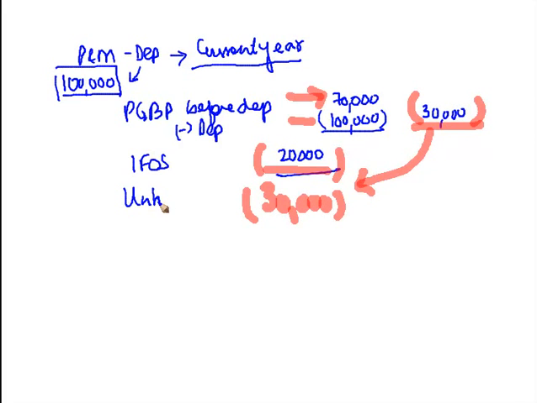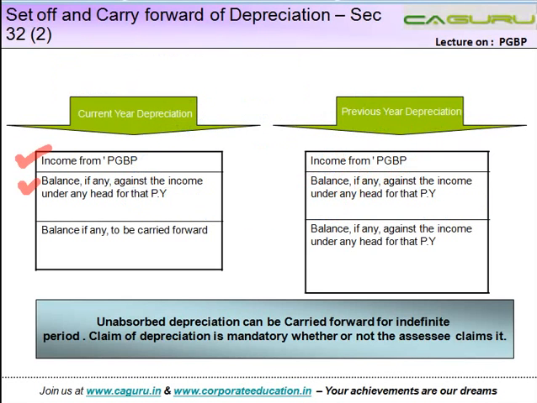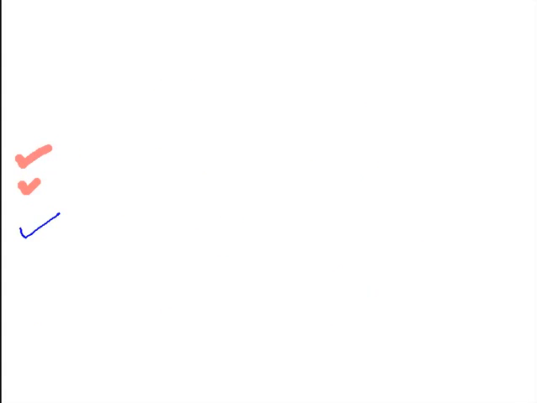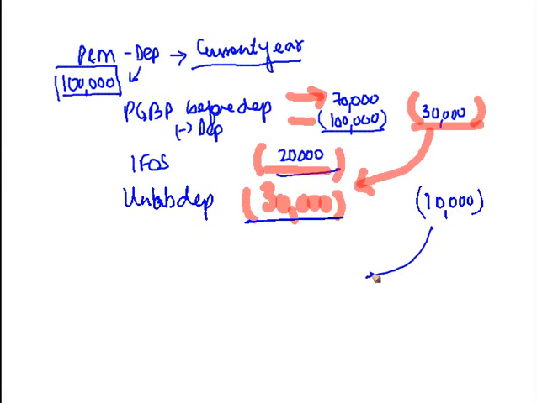So this is my unabsorbed depreciation. But I am still left with 10,000 excess. So what do I do with this? Balance, if any, is to be carried forward. So this number, which is my 10,000, I will carry it forward.